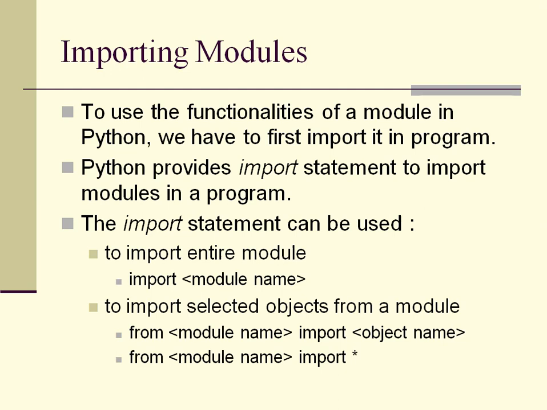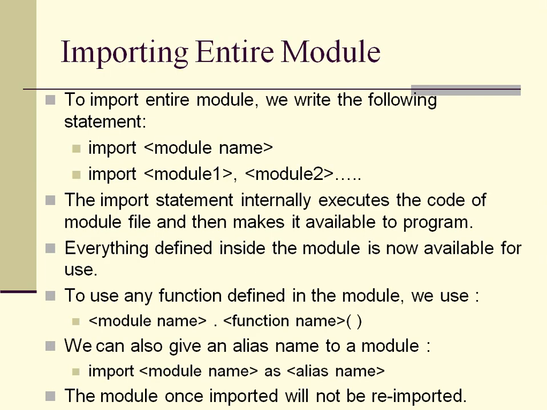So what is the difference? Let's go through it. First we will discuss how to import the entire module. To import the entire module, we write the statement like import space module name, or if you want to import more than one module, we write import module1, comma module2, comma module3 and so on.